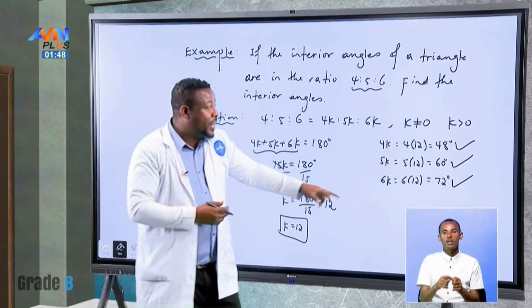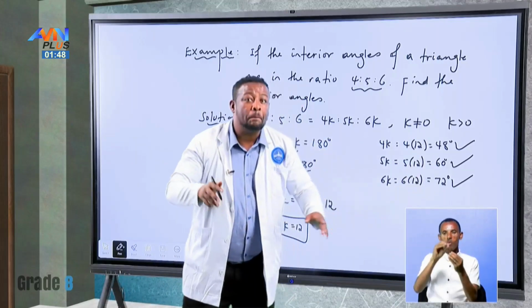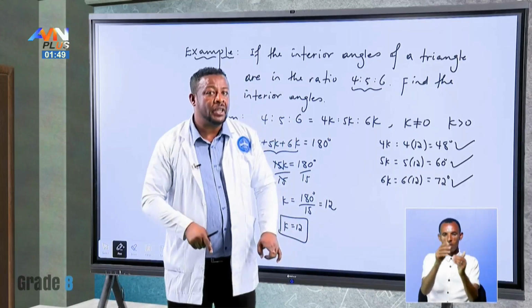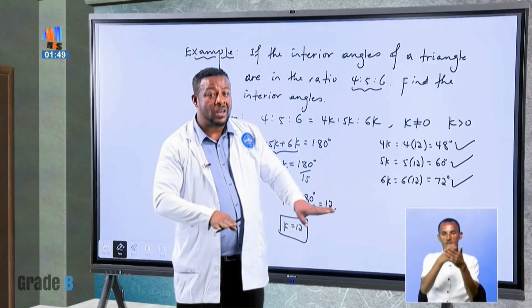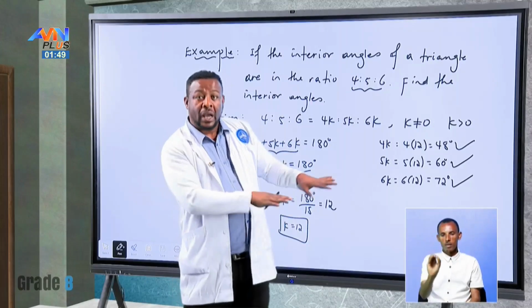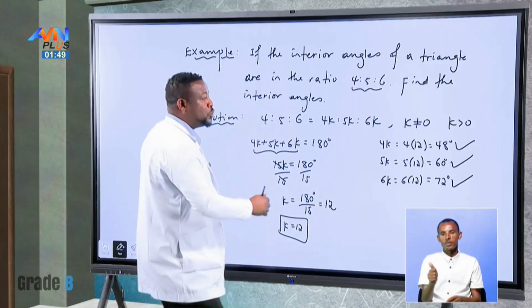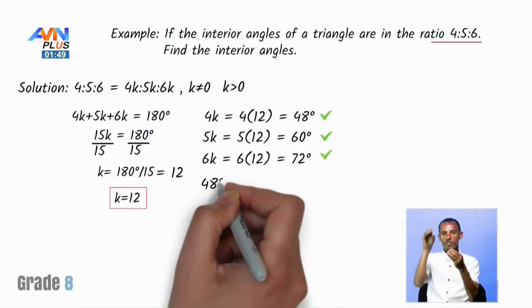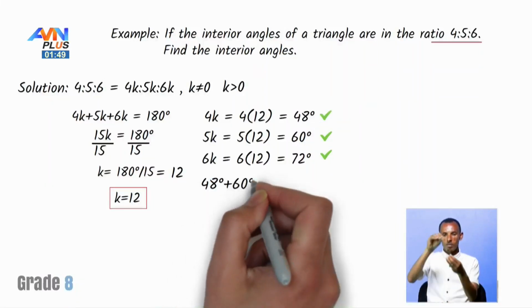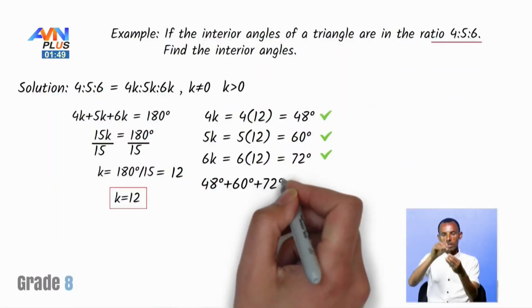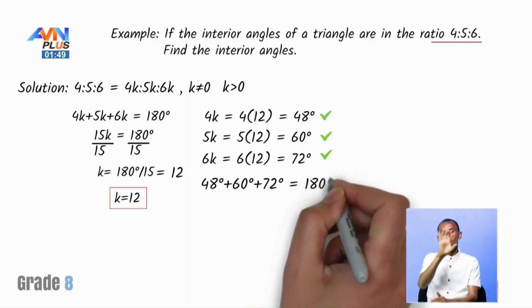As you can check, the sum of all these 3 must be 180 degrees. If the result is different from 180 degrees, the answer is wrong. So you need to check that 48 degrees plus 60 degrees plus 72 degrees is 180 degrees, right?